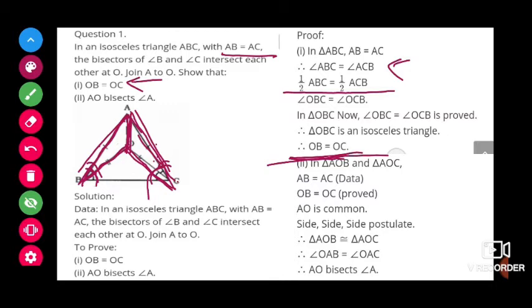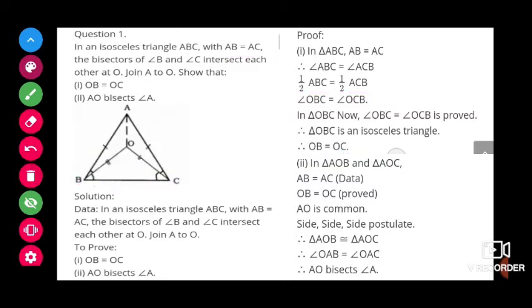And one more we have to prove, that AO will bisect angle A. If these two triangles are equal, children, all the corresponding angles will be equal, no? That means this angle will be equal to this, and this angle will be equal to this.